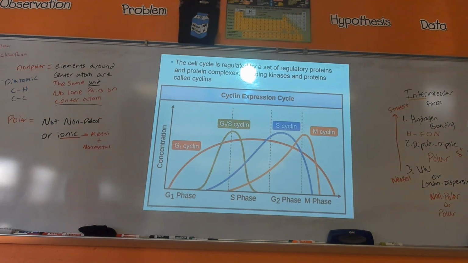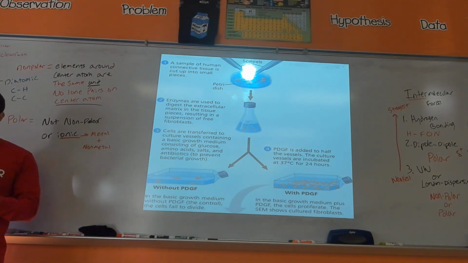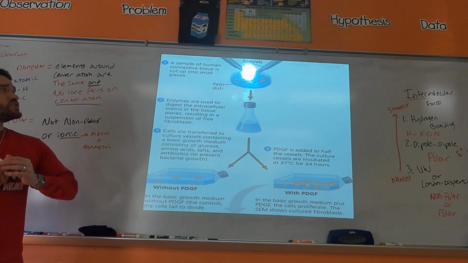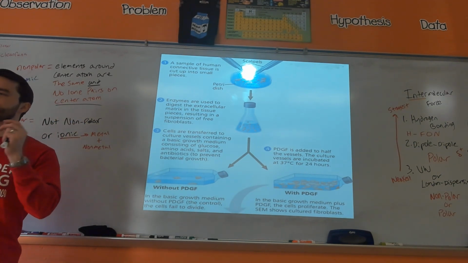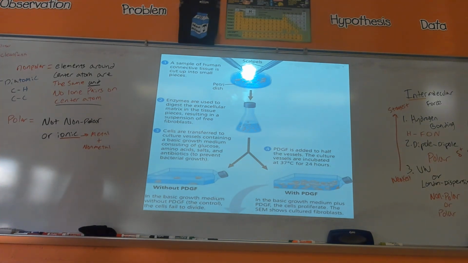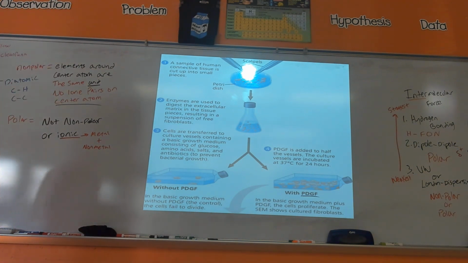All right. Getting into regulation of the cell cycle. What they want to figure out is how do we signal cells to grow? The point of this slide is to look at something called platelet-derived growth factor, PDGF.